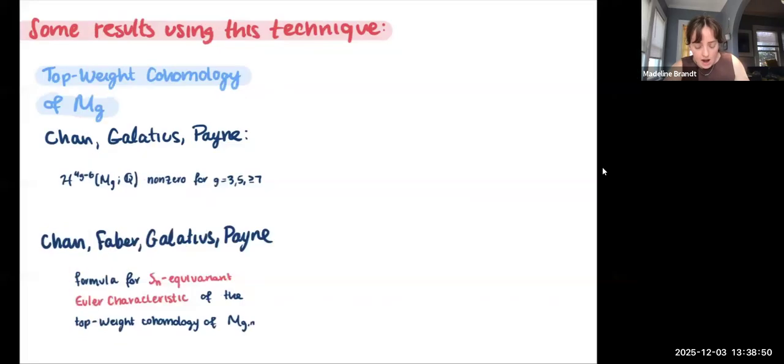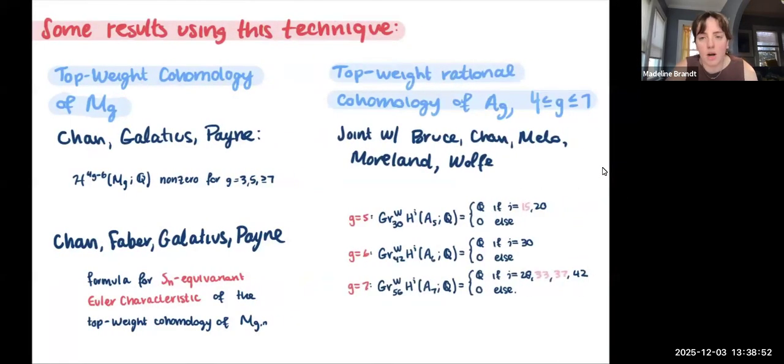And then since then, there's been more work done, in particular with a group of co-authors. We computed something about the top weight cohomology of the moduli space of abelian varieties. So we were able to compute it for a few values. This is sort of an abbreviated list of papers at this point because people have done a lot more with these ideas.